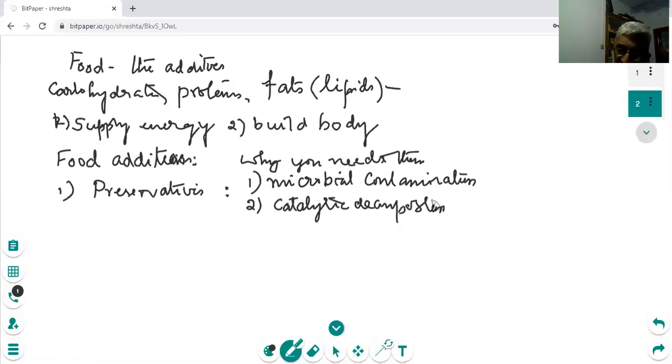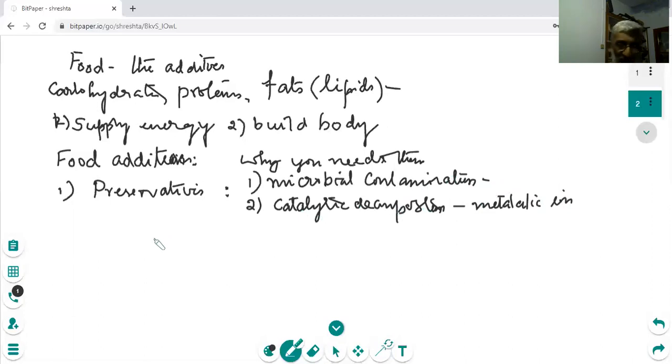That is, if there are some trace metals, metallic ions, which will catalyze the decomposition. And also microbial contamination, where microbes will consume the food and destroy the whole stuff. Okay, so this has to be prevented.